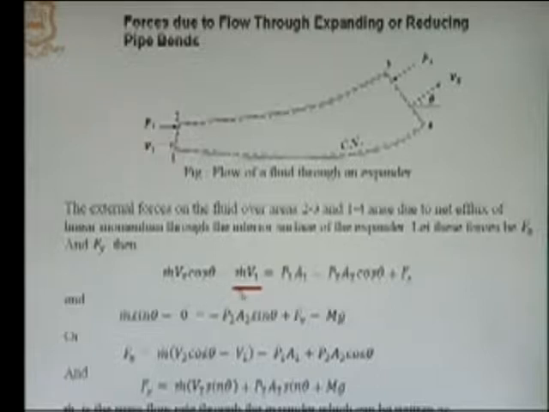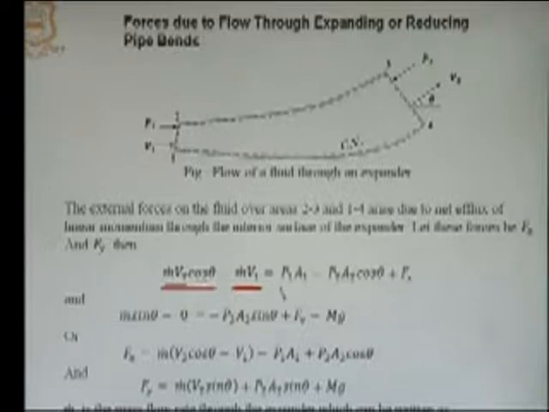So, minus B in, that is momentum in, plus B out, that momentum is out. What is momentum going outside the control volume in x direction? It is mV2 is the total momentum, but in x direction it is mV2 cos theta, because we have angle theta here. So, in this manner we can write the momentum equation in x direction.